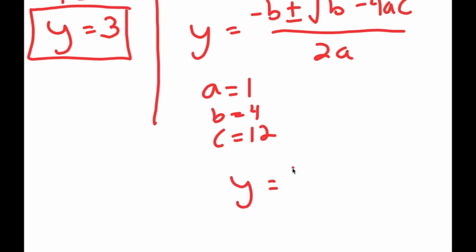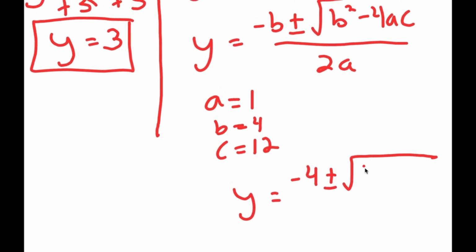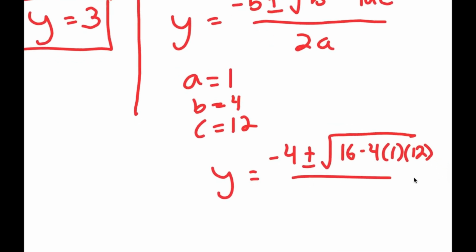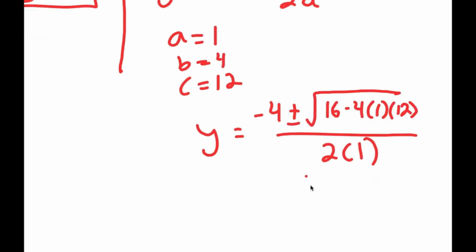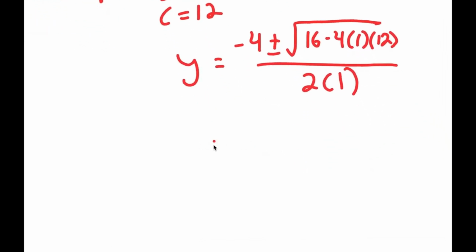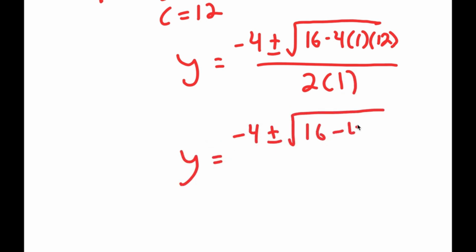So I get y is equal to negative 4 plus or minus the square root of 4 squared, which is 16, minus 4 times a, which is 1, times c, which is 12. And I have all this over 2a. Now this turns into y is equal to negative 4 plus or minus the square root of 16 minus 48 over 2.